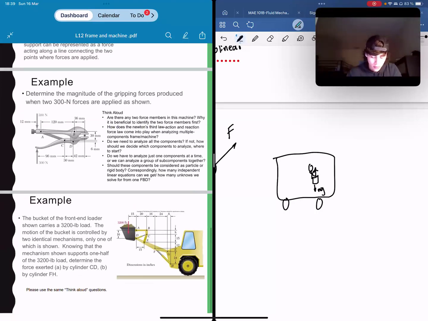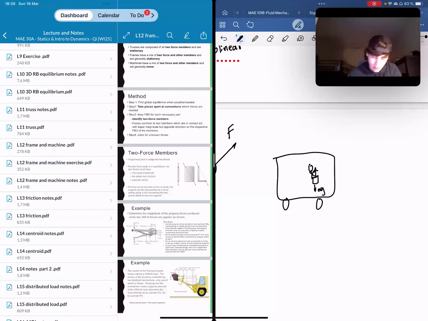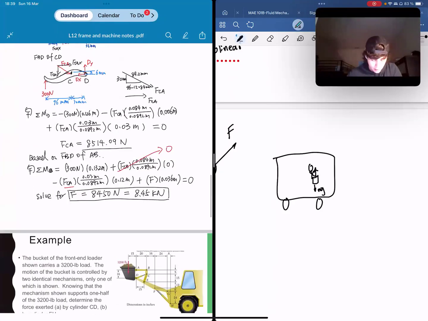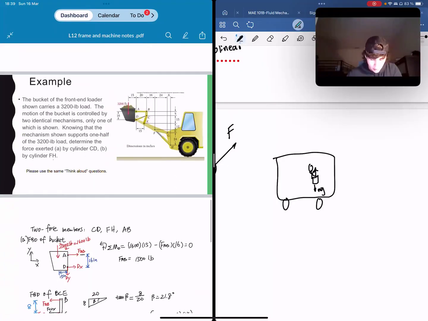So back to frames, we have two examples. I think it's always worth seeing this one. I guess it was a really tricky one, but this one could be considered a machine. Important thing right here is this is about a truck.